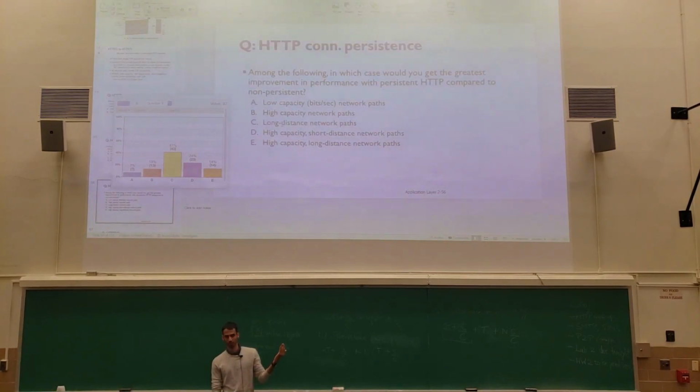The savings from going from 2nt to t are going to be more if t is high, right? So C is a potential candidate answer for us here. But how does it depend on capacity? Does it depend on capacity at all?